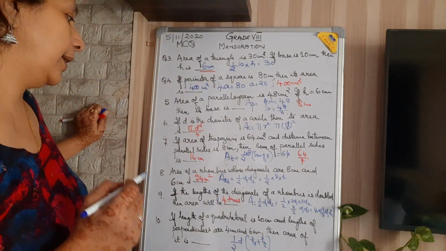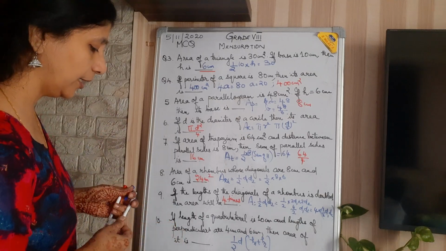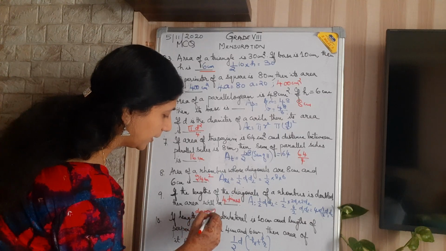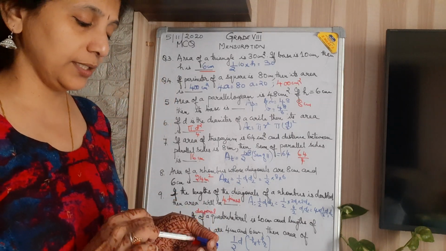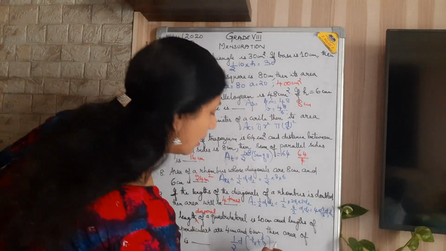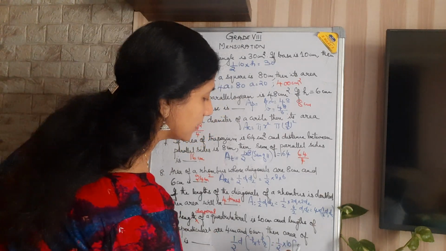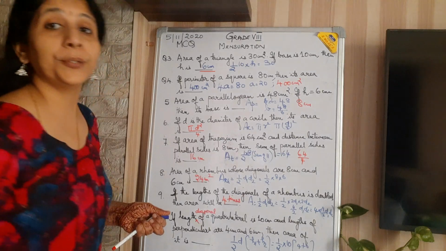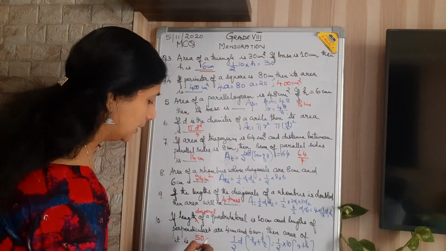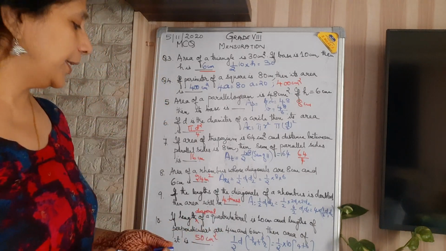The length of the diagonal of the quadrilateral is given, that is d. So it is half into 10 into h1 plus h2, 4 plus 6. 4 plus 6 is 10. So 10 into 10, 100. 100 by 2, that is 50. The area is in centimeter square because they are in centimeters.